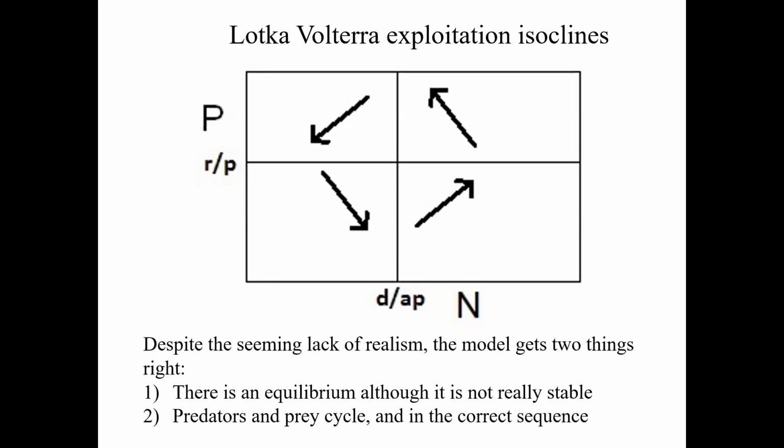Notice one other thing before I let you go. Remember we said that we had to have cycles and we had to have a particular type of cycle. We had to have prey reaching their maximum before the predators reached their maximum. Well, look here. The prey are going to reach their maximum here, right about there.